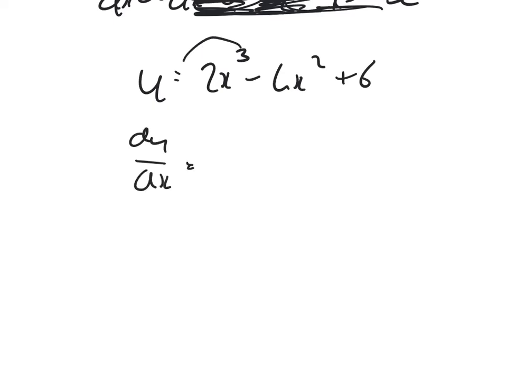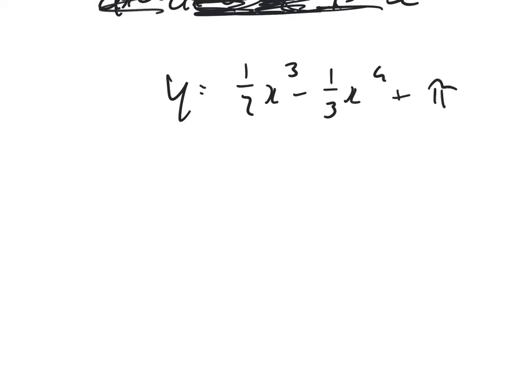Okay, let's try differentiating some more when we've got multiple terms. So we're going to differentiate 2x cubed minus 4x squared plus 6. So that will be 6x squared minus 8x, and the constant becomes 0. Let's try y equals 1/2 x cubed minus 1/3 x to the power 4 plus pi.